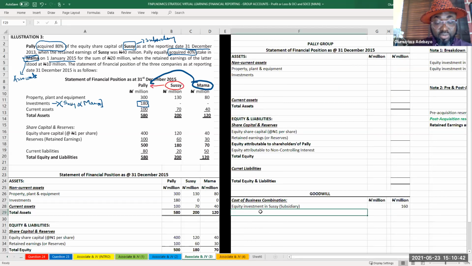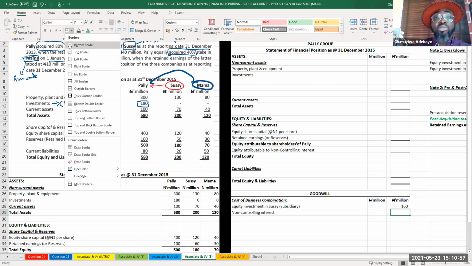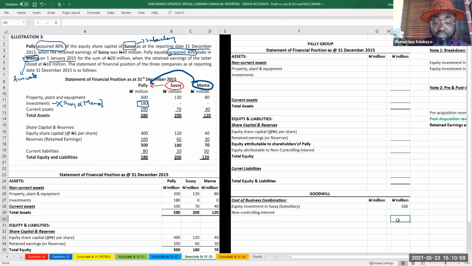The portion that is left is non-controlling interest, which we'll come back to later. I will come back to it once we establish what is the accounting policy on how non-controlling interest is measured at the acquisition date.